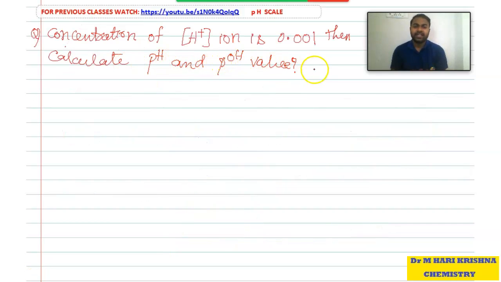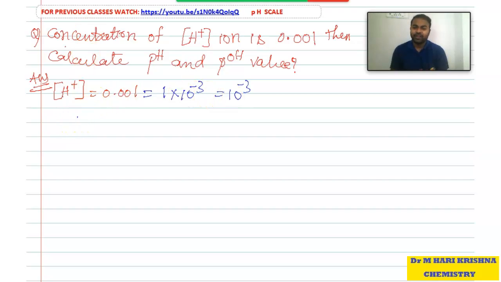Concentration of H plus ion is 0.001. Then calculate the pH and pOH value. So students, they given H plus value as 0.001. So this is the answer students. You can write this one as 1 into 10 power minus 3, or simply 10 power minus 3 moles per liter.